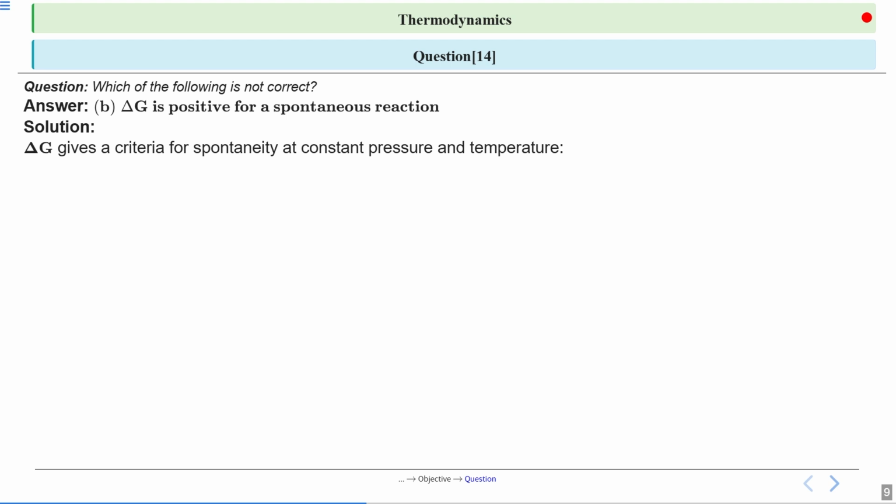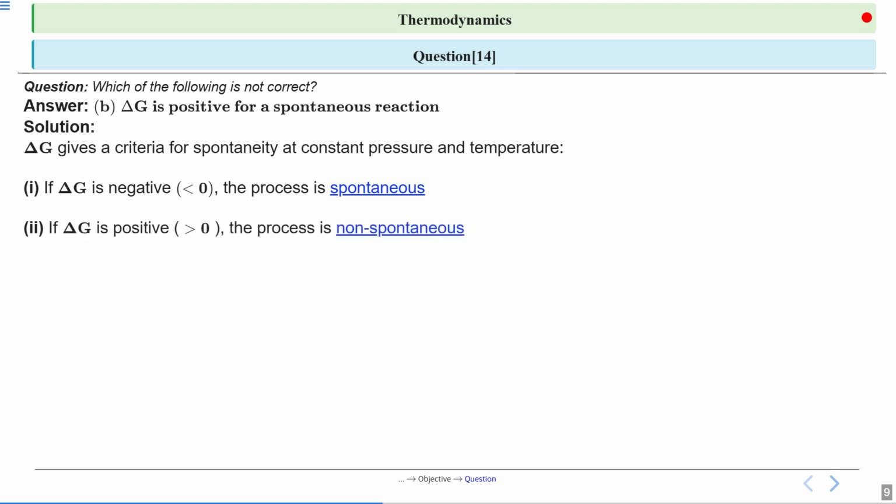Now, what was the condition for that? We arrived at three different situations. First is, if delta G is negative, then the process will be spontaneous. The second situation is, if it is not less than 0 but greater than 0, then we'll call the process non-spontaneous, and that is the case for our option number B.